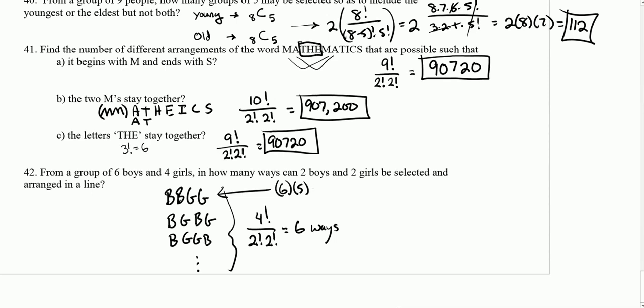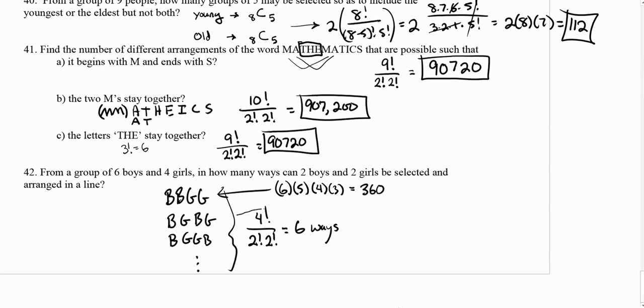And then for the 2 girls, well, we're choosing out of 4 girls, so there's 4 girls for the first girl slot, and then 3 girls for the second girl slot. And so just if I arrange boy, boy, girl, girl, there's 6 times 5 times 4 times 3 ways to do that, which is 360 ways.